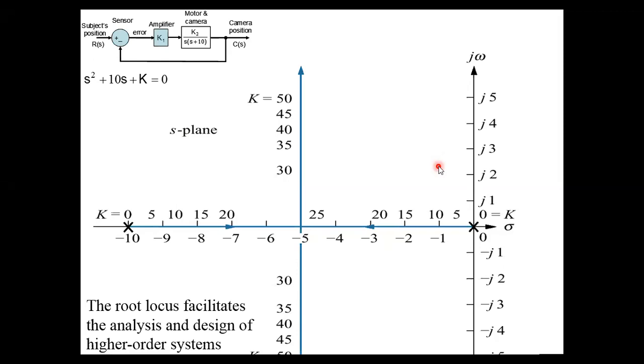Also, as we increase the gain, the damping ratio diminishes and the percentage overshoot increases. The damped frequency of oscillation, which is equal to the imaginary part of the pole, also increases with an increase in gain, resulting in a reduction of peak time.